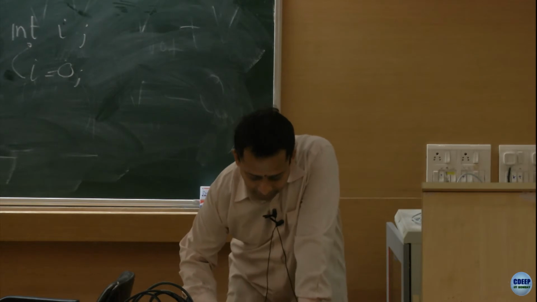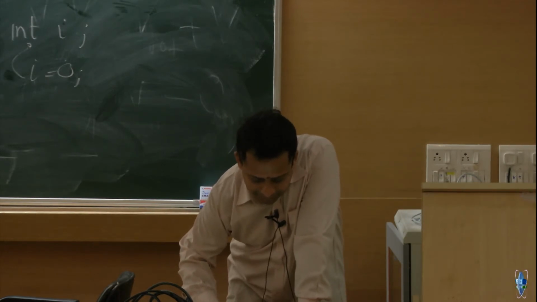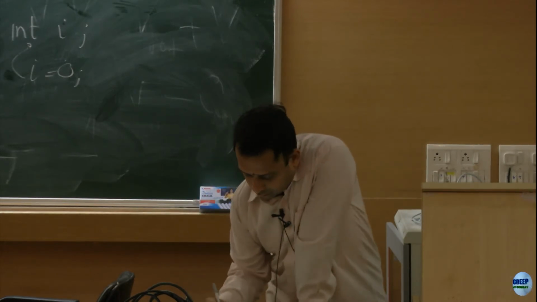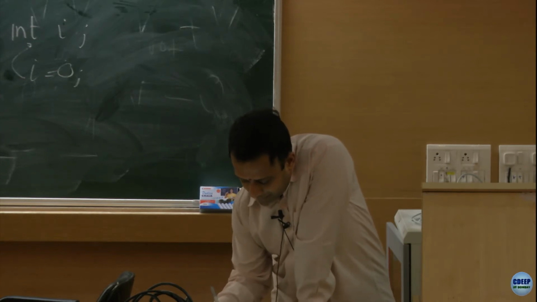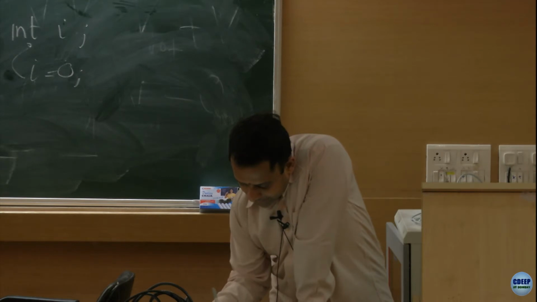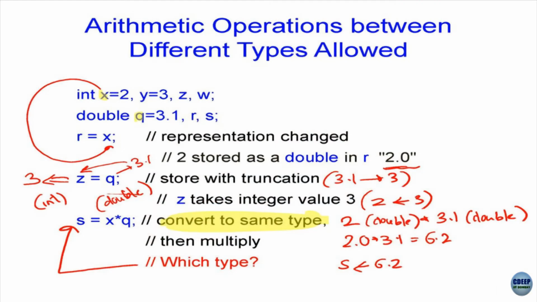So let's translate this into what happens. This will basically become 2 as a double into 3.1 also as a double. So you can think of it as 2.0 into 3.1.